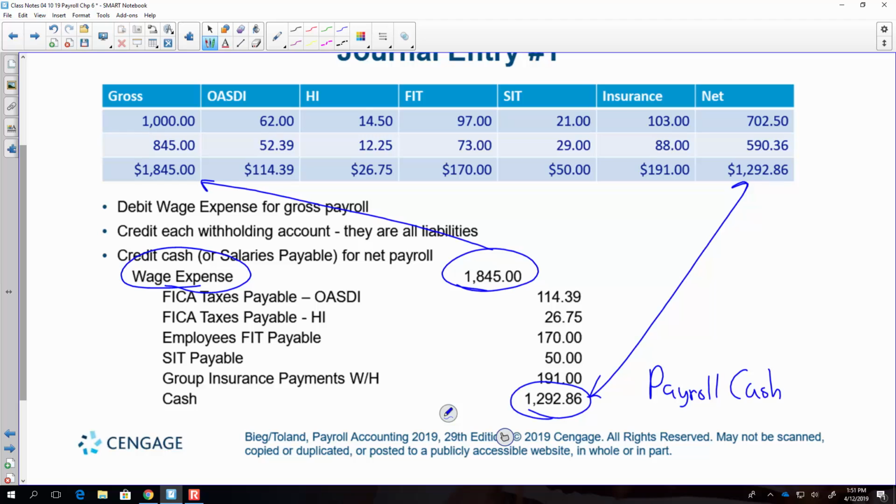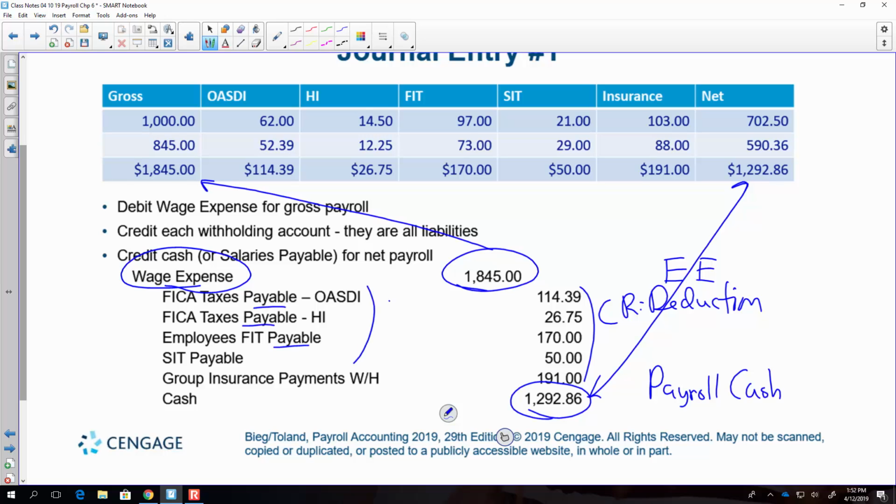And you'll see also what's being credited. So we have our debits, and then our credits accounts are all the deductions coming out of the employee portion, right? There's no employer deduction here, just the employee portion. And these are all payable accounts. You can see the word.